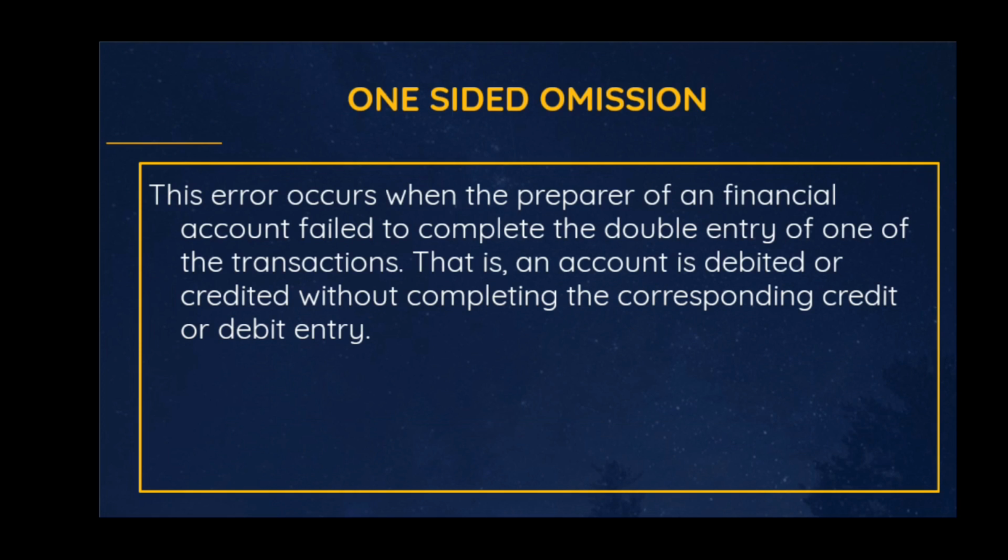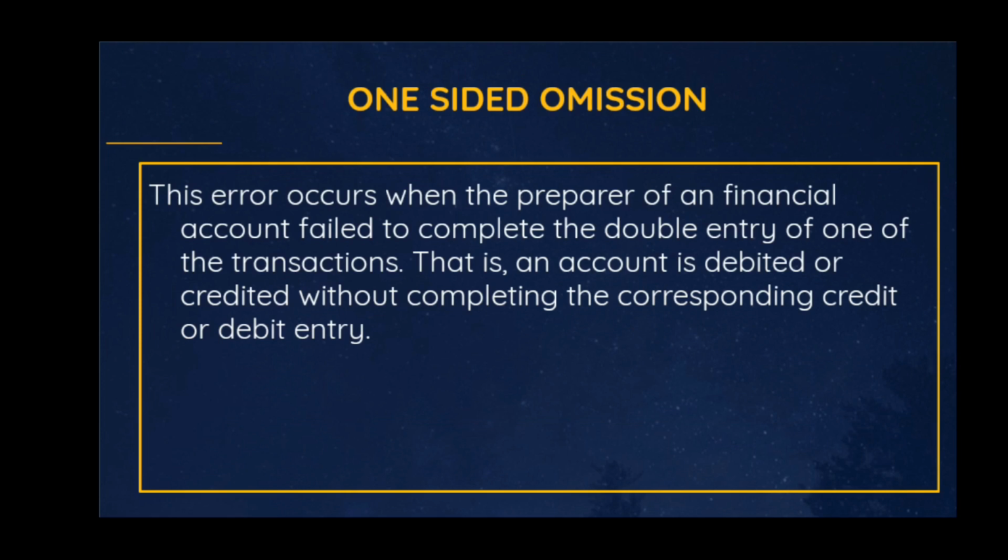That is a situation whereby the giving side has been credited, but the preparer failed to complete the corresponding entry in the account of the receiving side, or the receiving side has been prepared, but the preparer failed to prepare the account of the giving side. Such an error will affect the agreement of the trial balance. That is, an account is debited or credited without completing the corresponding credit or debit entry. That's what that is talking about.